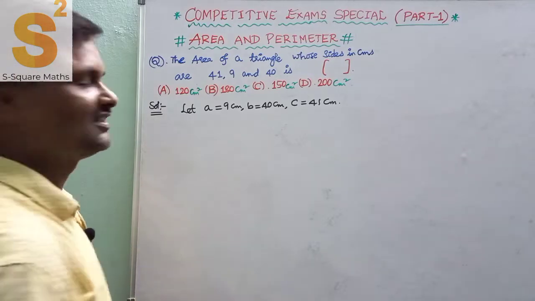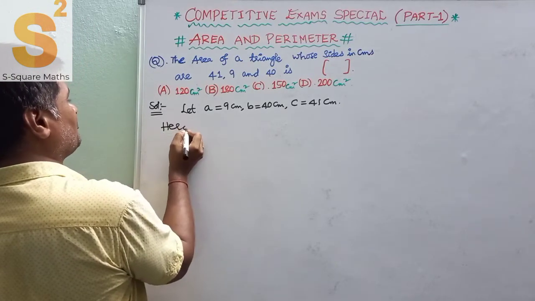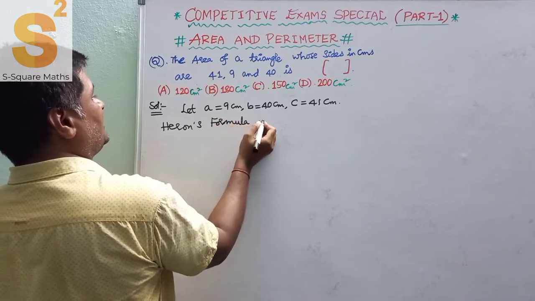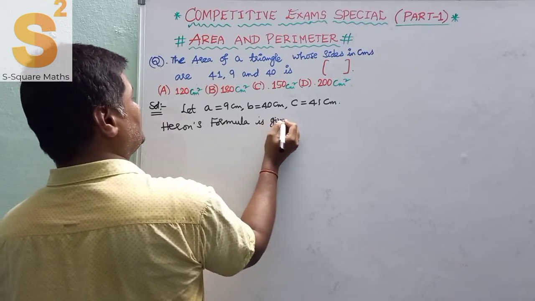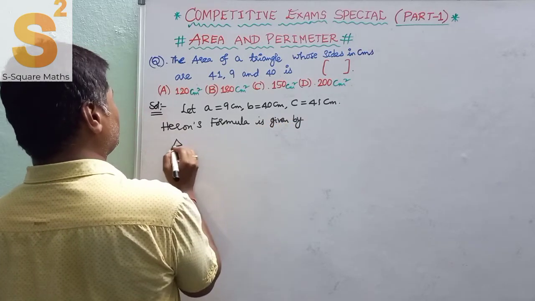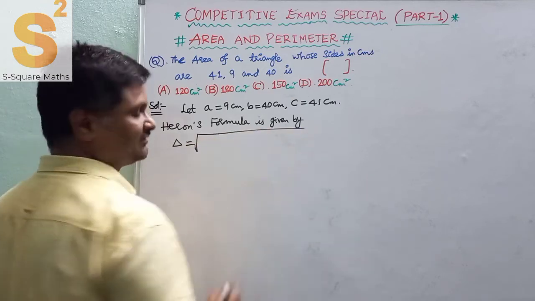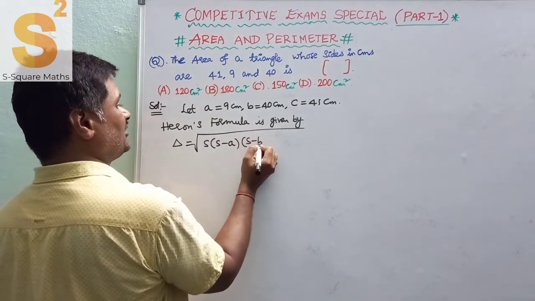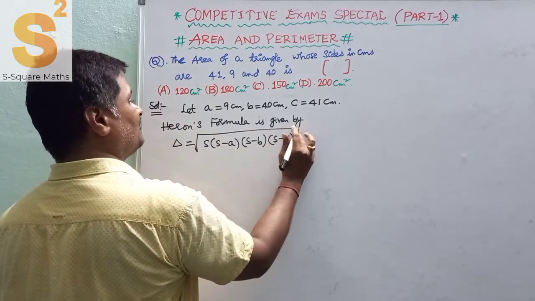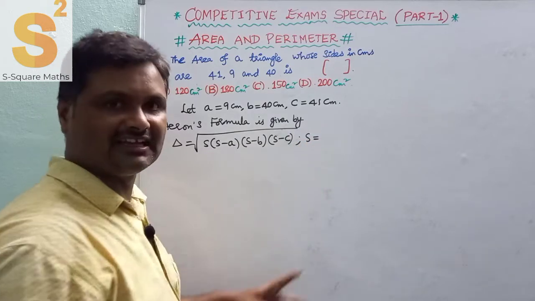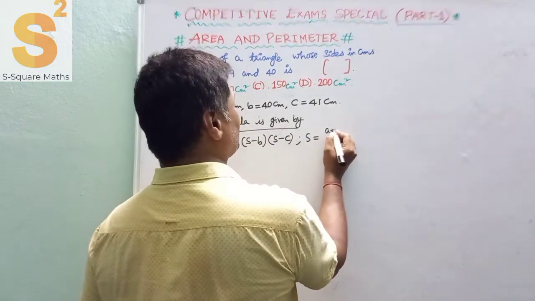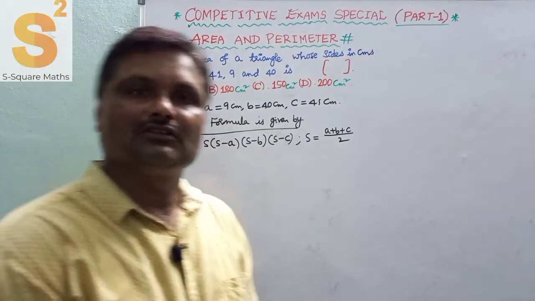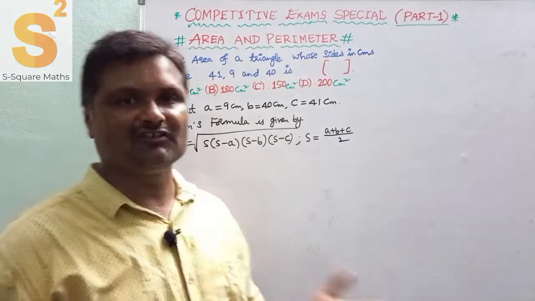Now, Heron's formula is given by delta is equal to root of S into S minus A into S minus B into S minus C, where S has its original meaning, nothing but A plus B plus C over 2. So this is nothing but the semi-perimeter, half of the perimeter.